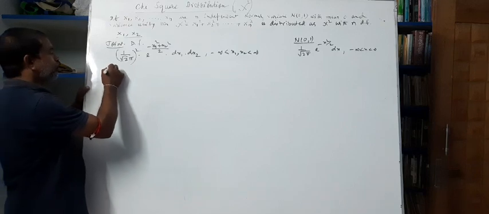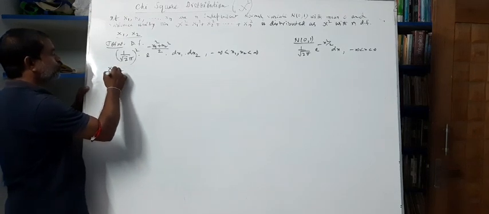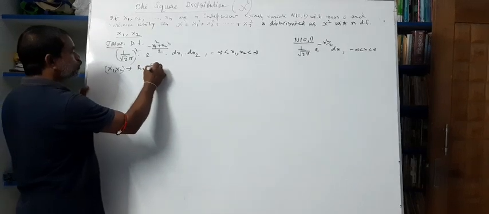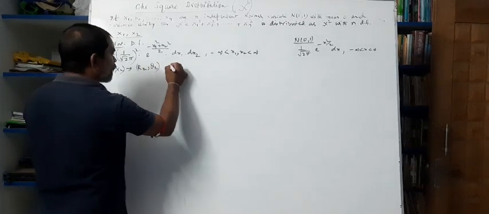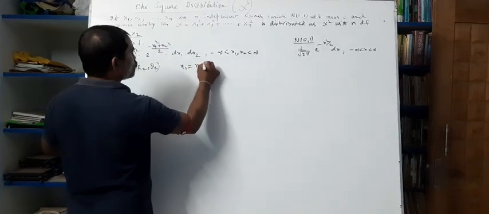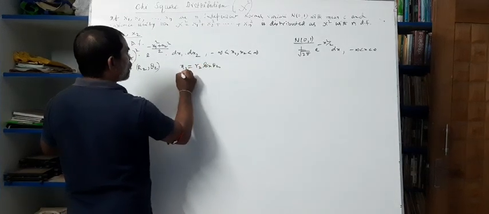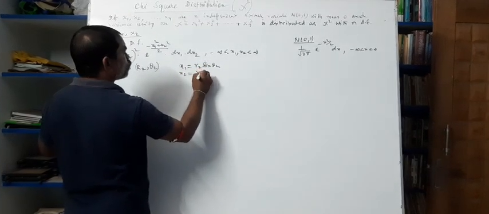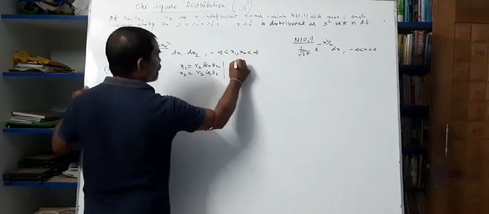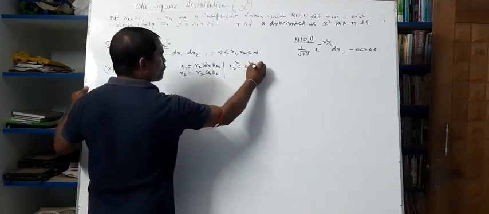If we transform x1 and x2 using polar transformation to r2 and theta 2, by x1 equal to r2 sin theta 2 and x2 equal to r2 cos theta 2, then r2 square equal to x1 square plus x2 square.